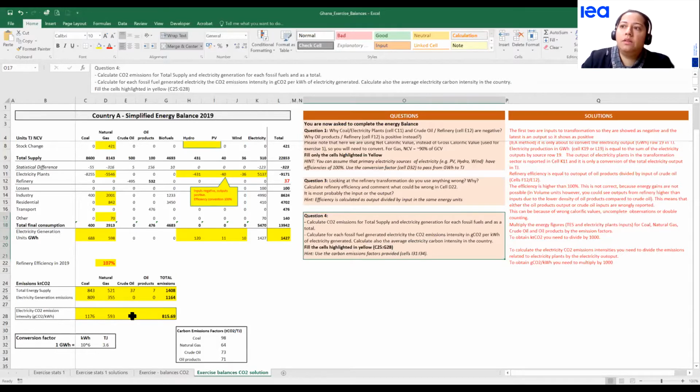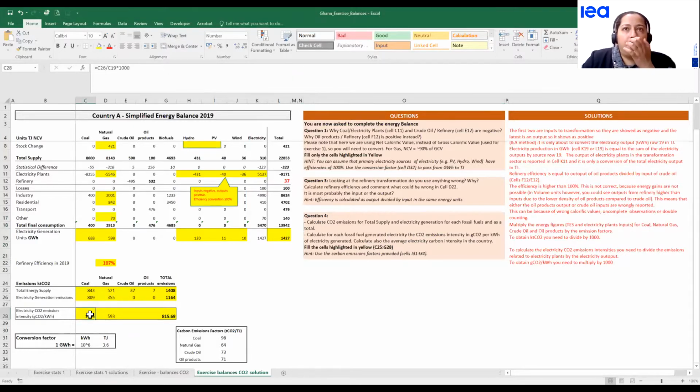You divide the emissions related to energy plants by the electricity output, and to obtain grams of CO2 per kilowatt hour, you multiply by 1000. So we take the emissions related to electricity generation, divide by the amount of electricity generation, and multiply by 1000 to get grams of CO2 per kilowatt hour.